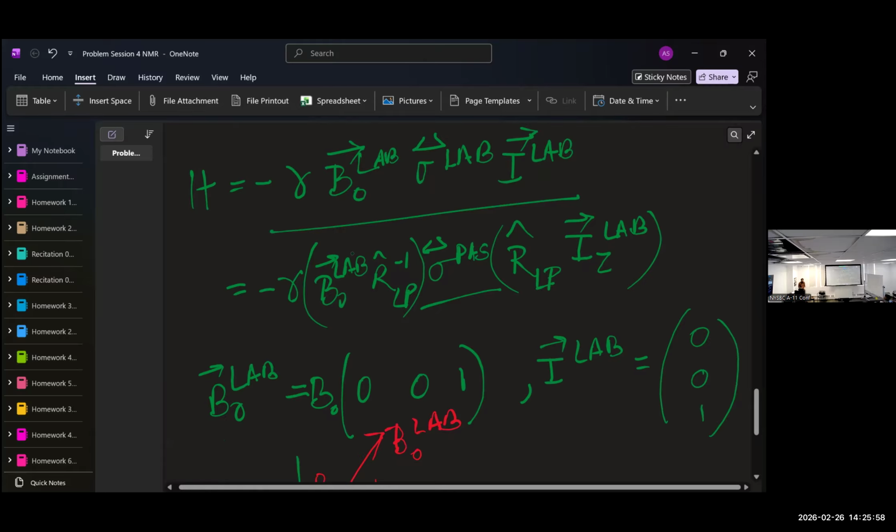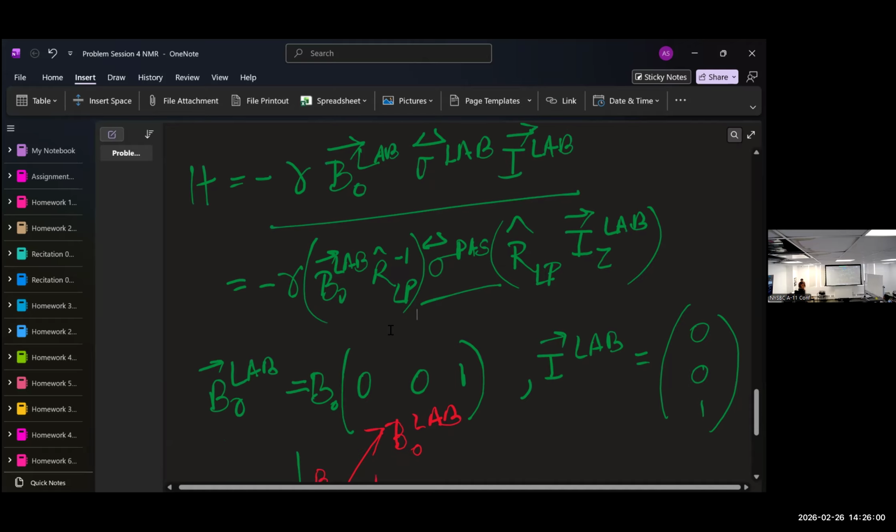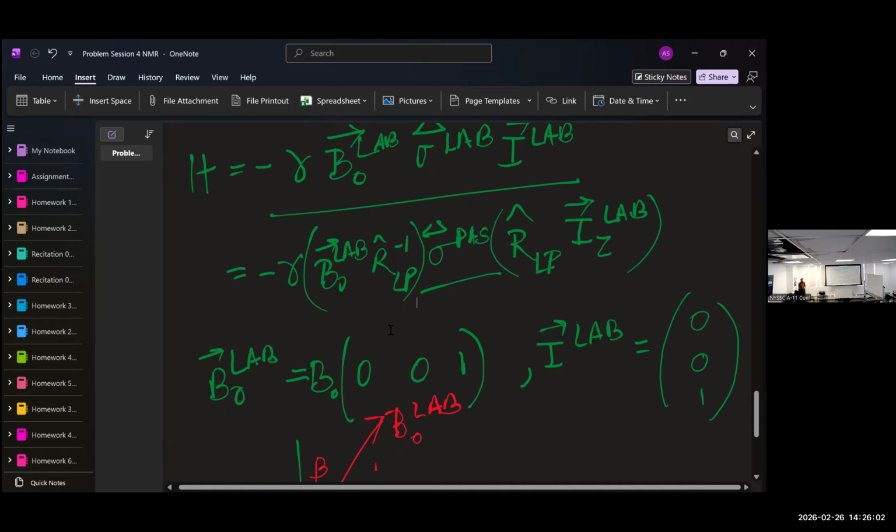If I know the diagonal component of the shielding tensor, then the easiest thing, one easy thing I could do is try and rotate these two vectors, which is B naught and the spin angular momentum, in the PAS frame. Does that make sense? Right, so I have done this rotation on the side.